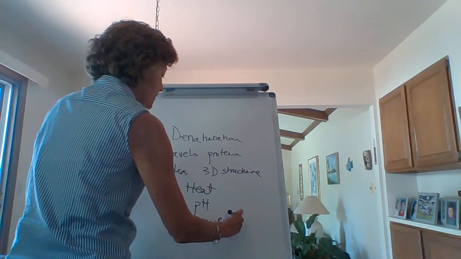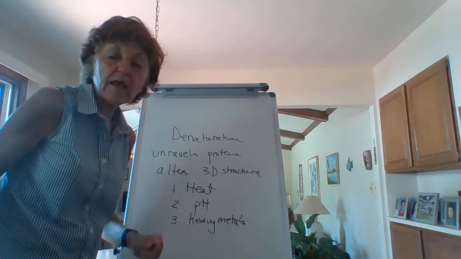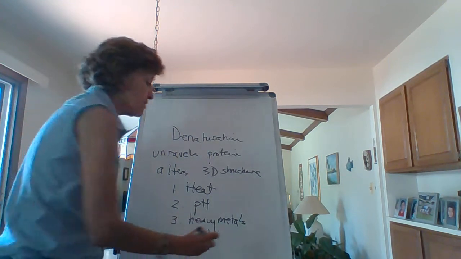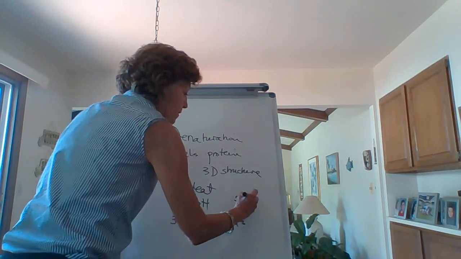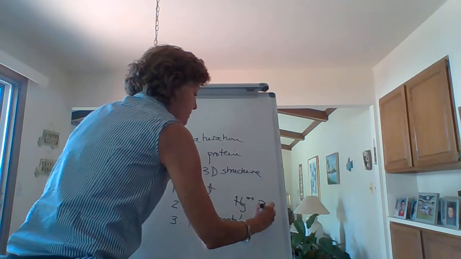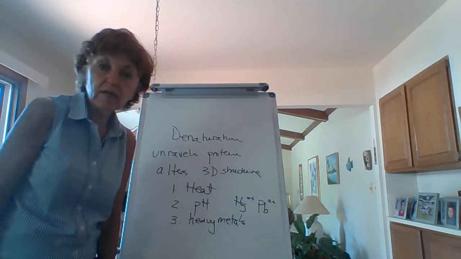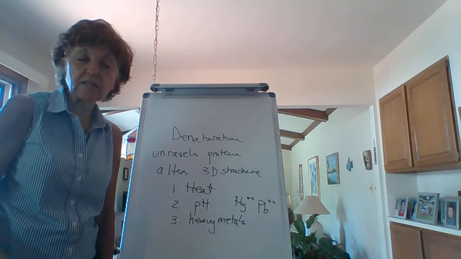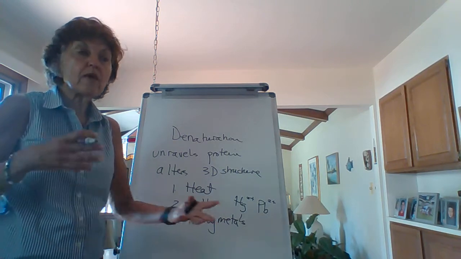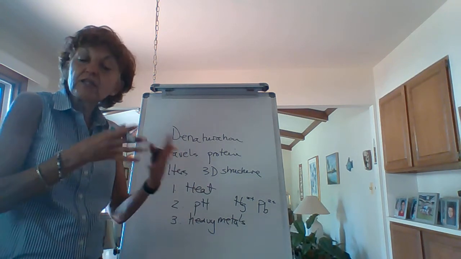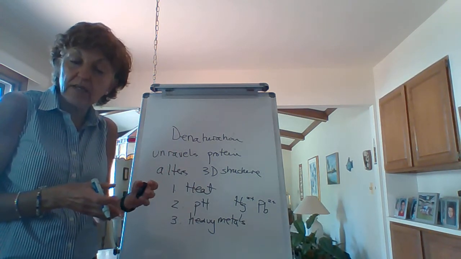What do I mean by heavy metals? I mean heavy molecular weight metals. For example, mercury or lead. Mercury and lead will denature proteins. They will come in and they will interfere with proper ionic bonding.